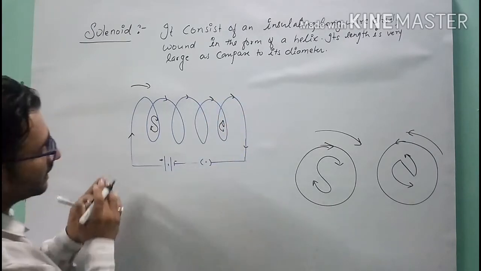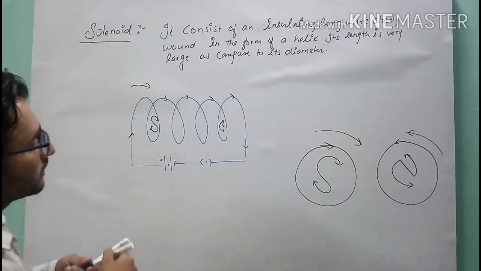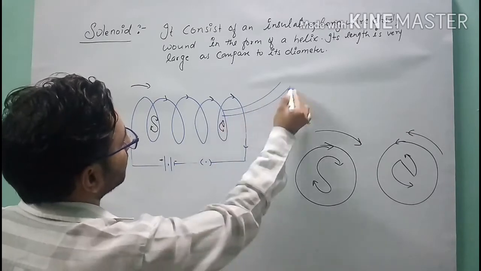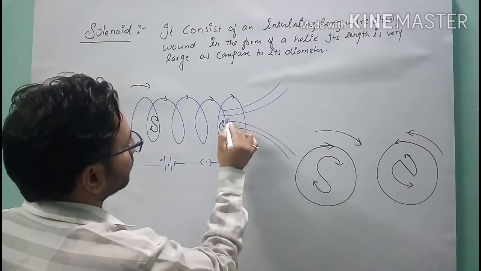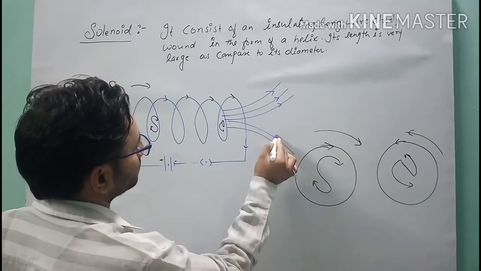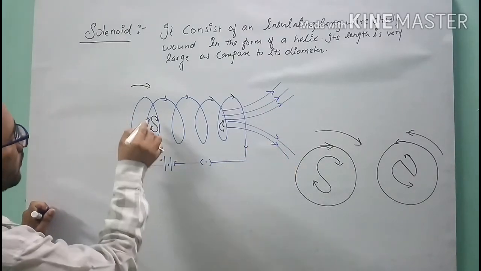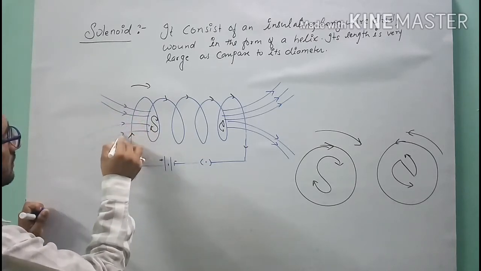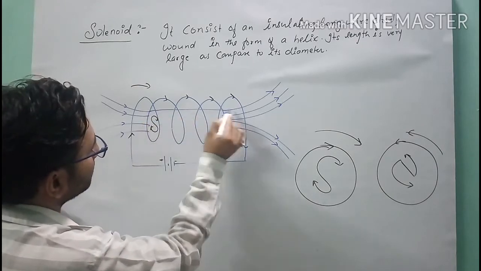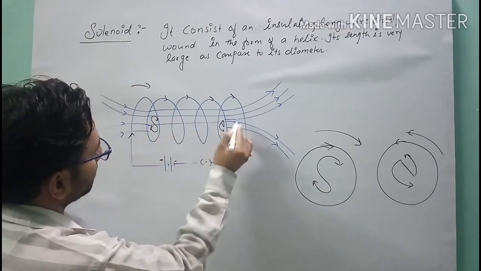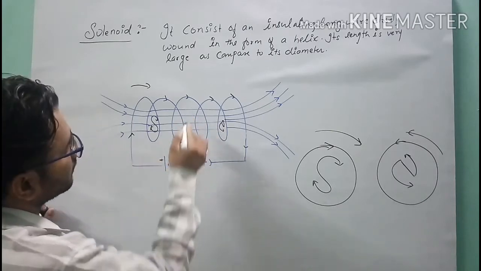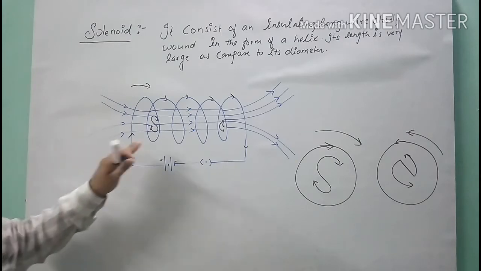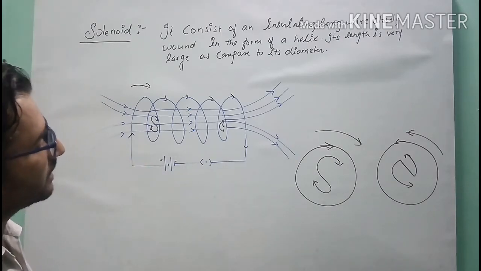For this condition, we can see the magnetic field lines will be induced by this current carrying solenoid. The magnetic field lines will go from the north pole and enter from the south pole, so that inside the solenoid you will get a uniform magnetic field in which the lines are parallel to each other and equidistant.